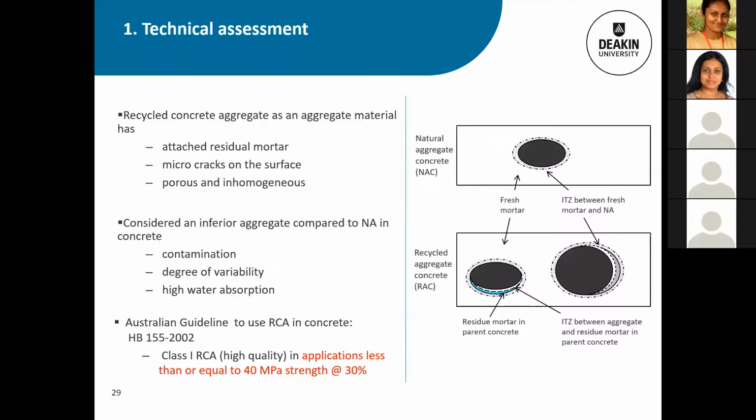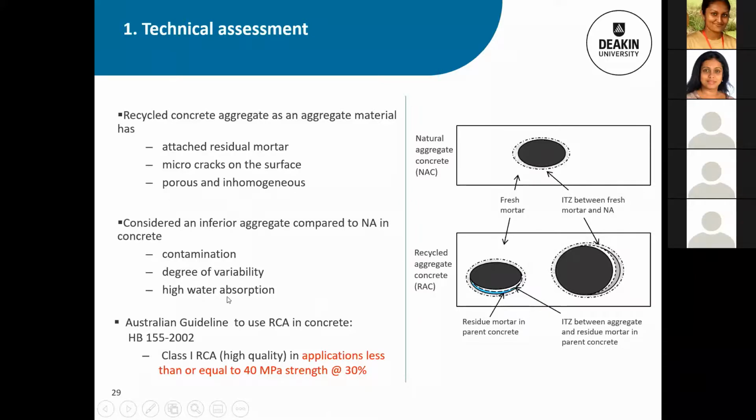Now, if you think of how the mix design should change, you need to consider that recycled concrete aggregate is a different material to natural aggregate. It has attached residual mortar, micro cracks, and is porous and inhomogeneous. So there's more contamination in the material, and the quality varies compared to natural aggregate.